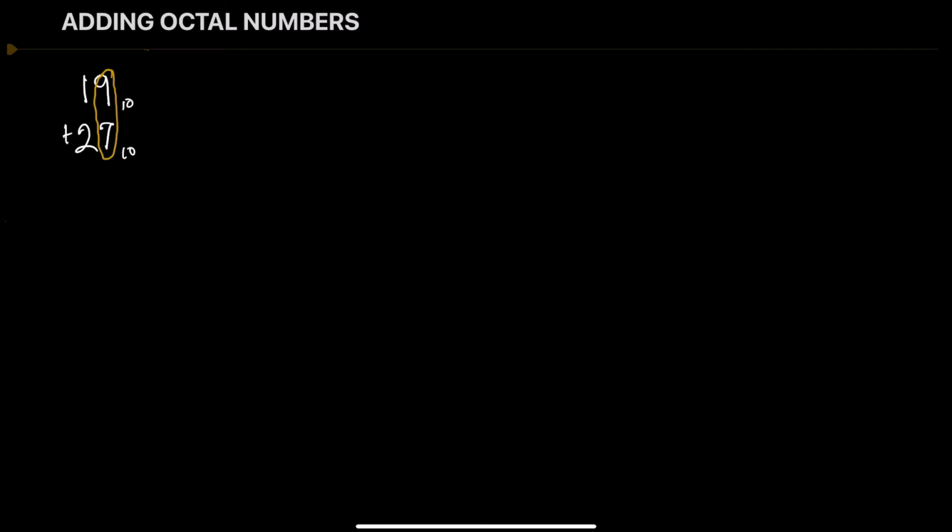We see that 16 is above or equal to 10. Because it's equal to or above 10, we minus 10 from it, and what we get is 6. So we come here and put 6 here.